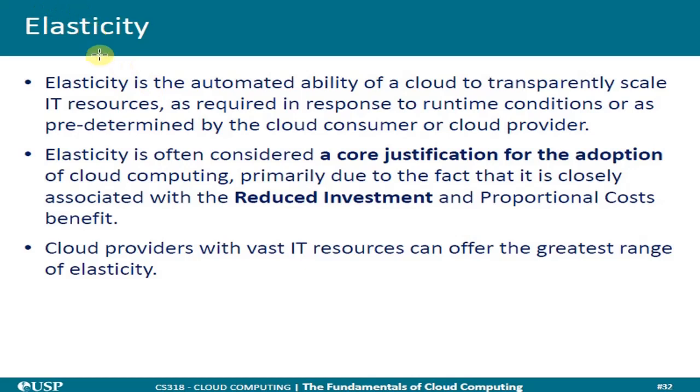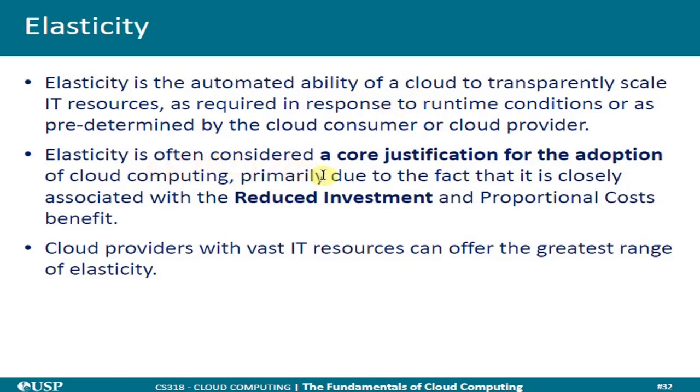Elasticity is another characteristic, and this is basically talking about being able to expand or reduce what the user gets to use, depending on whether the user demands it, or if the cloud provider has set it up in that way, predetermined in that way.